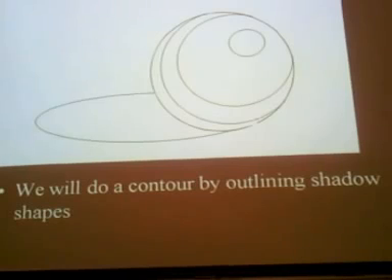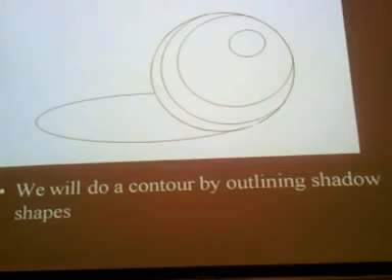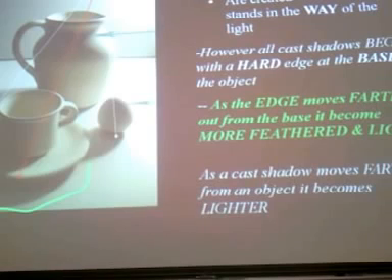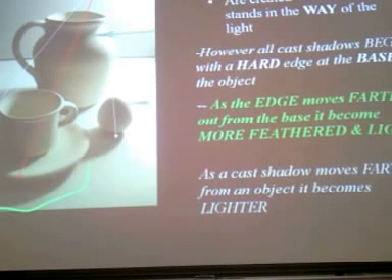So we'll be creating a contour of our image onto a grid paper, which I'll discuss later. So contour is outline of shadow. We then will be identifying cast shadow, just like everyone was identifying cast shadow at the very beginning of our still life project. We'll be doing the same methods as we do in the still life project in this actual project that we're going to be doing now.